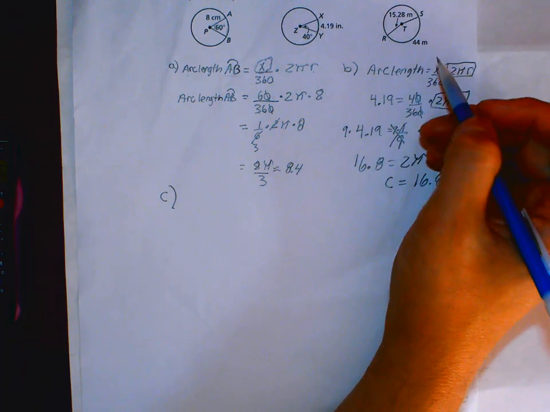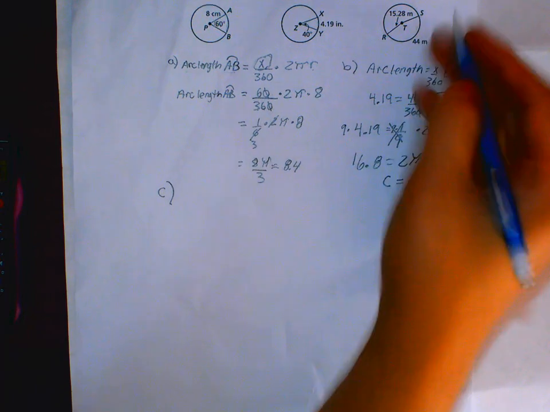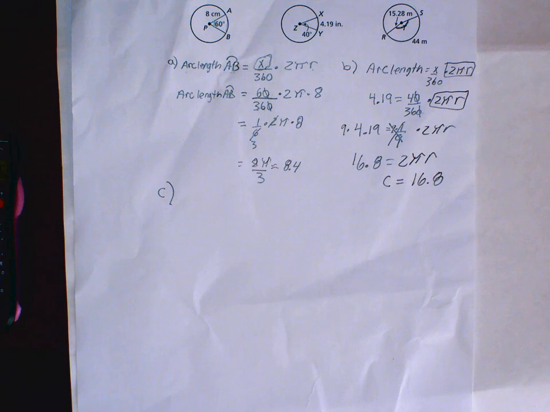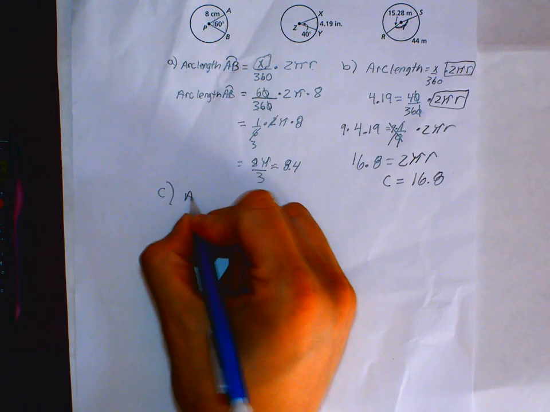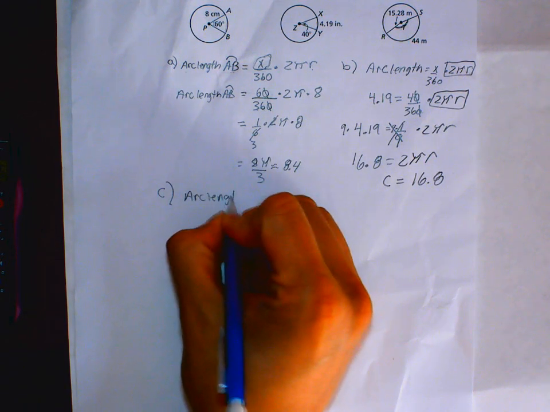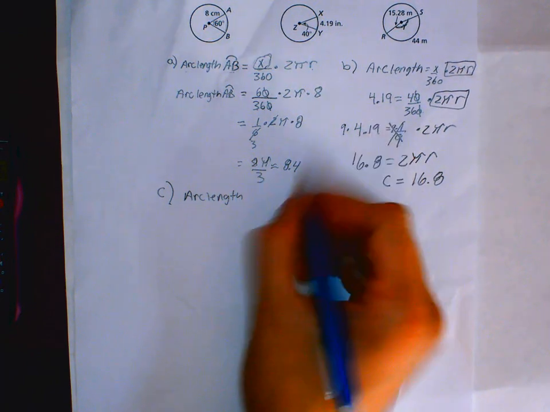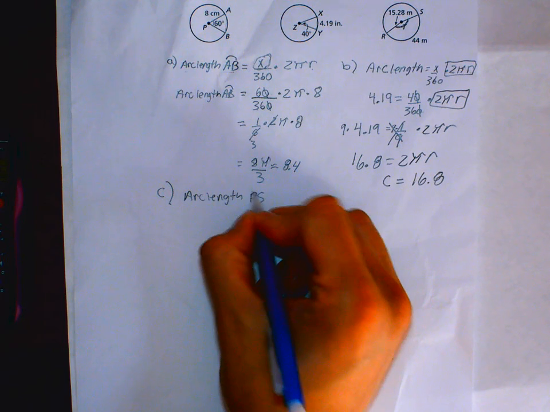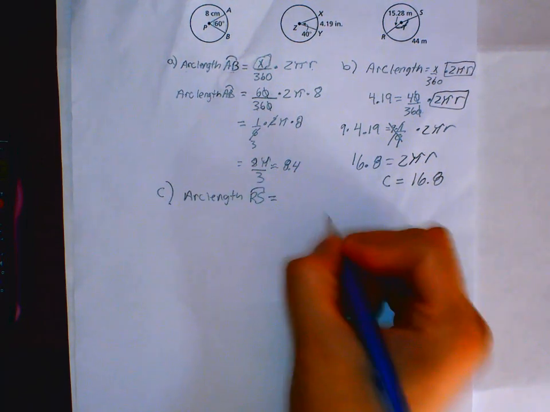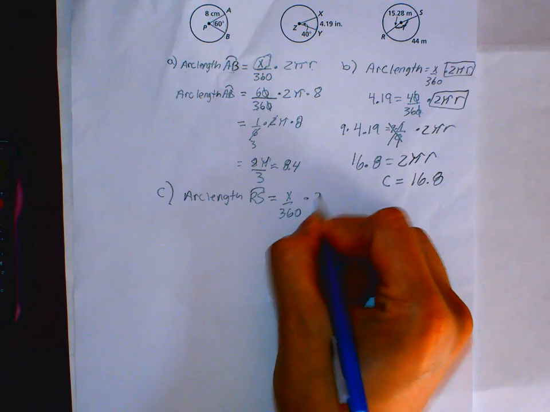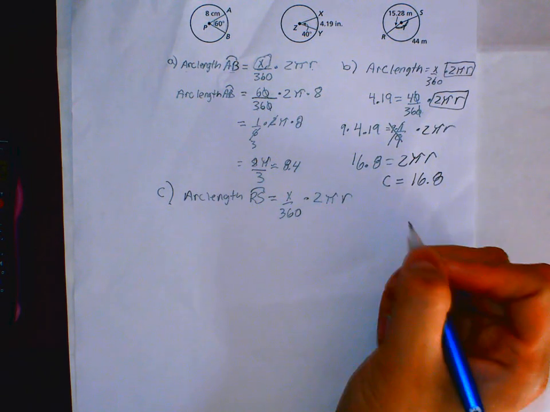So we are about to find out what is this angle right there. So we're going to use the same equation. The arc length of, in this case, RS is equal to x over 360 times 2 pi r.